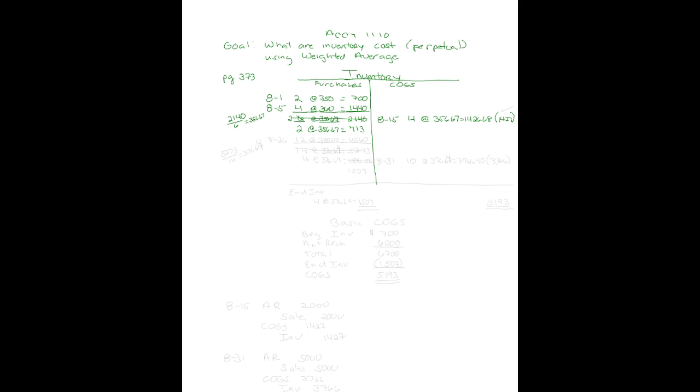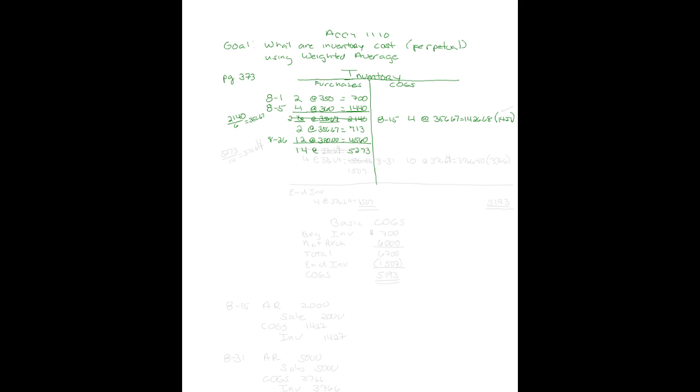Then what happens? On 8/26, you purchase 12 more units. So you purchased 12 units at $380 each. 12 times 380 equals $4,560. Anytime you have a purchase, you have to do that averaging thing. So we have 14 units now, and 713 plus 4,560 equals $5,273.